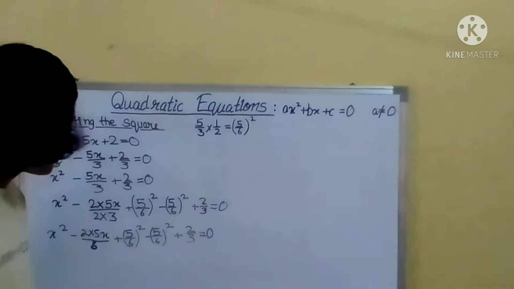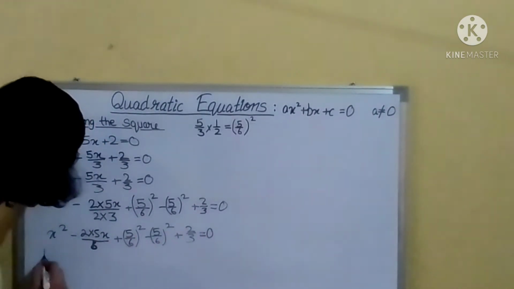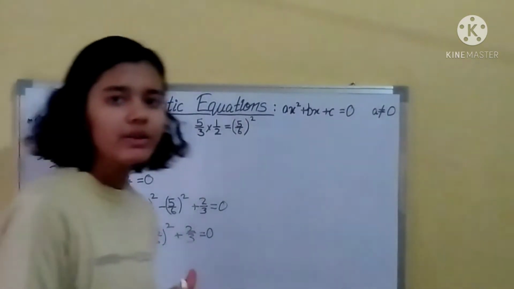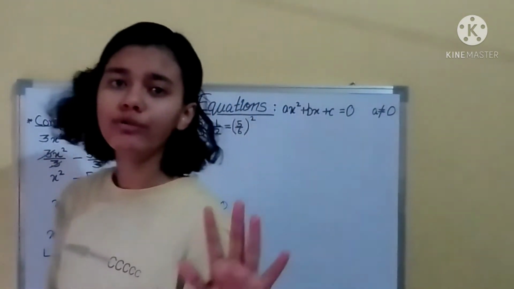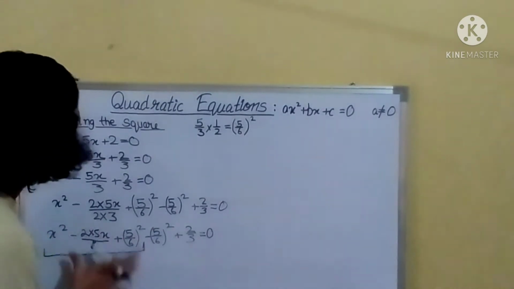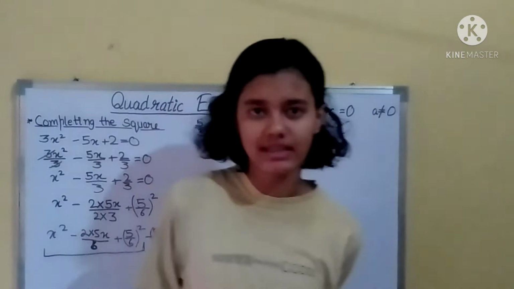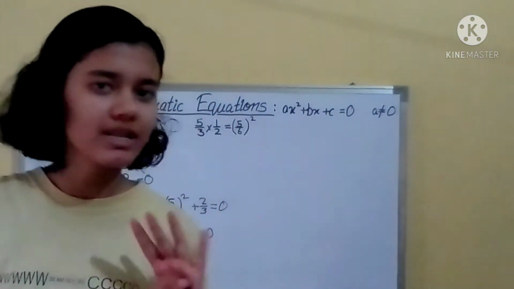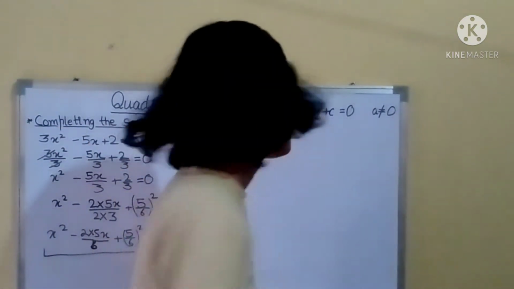Then what? Now when we see the first 3 terms of this equation, what we are looking at is that this is in the form of a minus b whole square. See, in completing the square, it will be like this only. After this step, the first 3 terms will either come in the form of a plus b whole square or a minus b whole square.